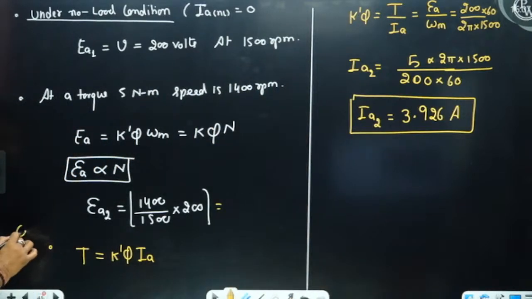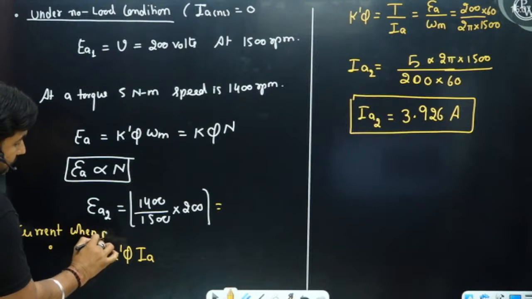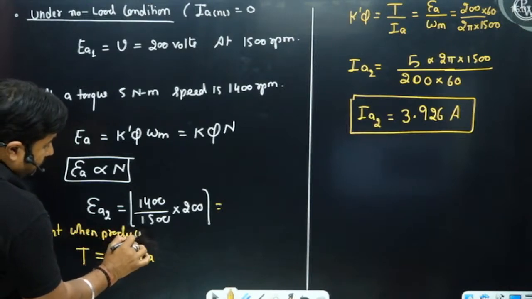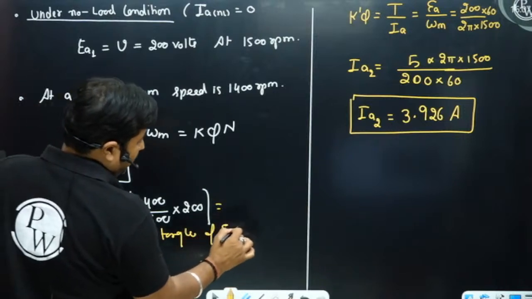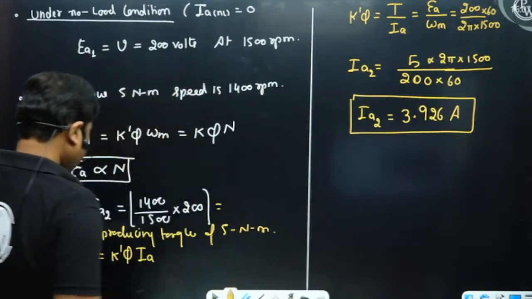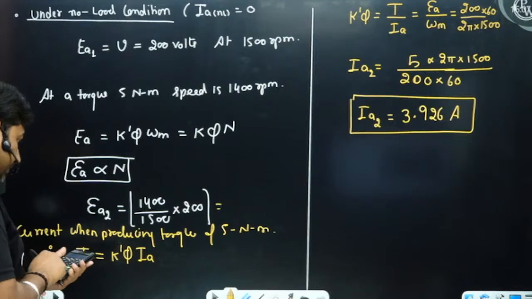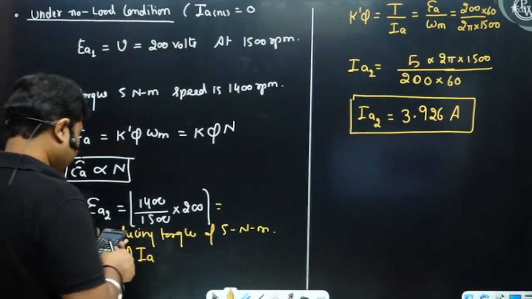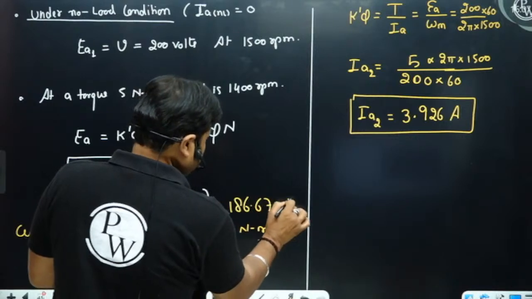So EA2, when producing a torque of 5 Newton meter, is 1400 by 1500 into 200. This is 186.67 volts.